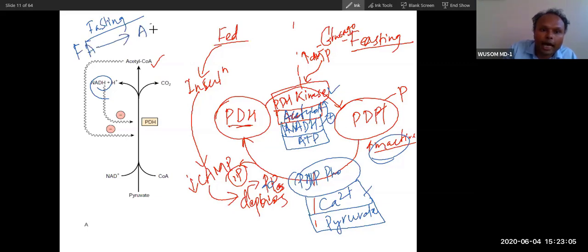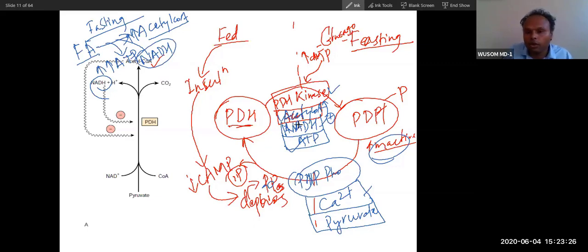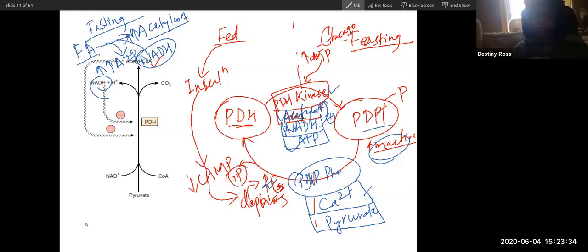So there will be a very high amount of acetyl coenzyme A because of fatty acid, and there will be high ATP also. So acetyl coenzyme A, ATP and NADH will also be very high. So all three components will convert this PDH into phosphorylated PDH. Did you understand now?